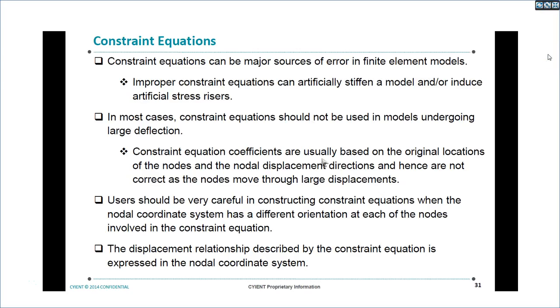If you want to write constraint equations in a particular nodal coordinate system, all nodes should be rotated before writing the constraint equation. This is one of the important checks. So the nodal coordinate system plays a very vital role in constraints and couplings. The displacement relation described by the constraint equation is expressed in the nodal coordinate system. Whatever nodal coordinate system the nodes are assigned, displacements will be assigned in that coordinate system only.